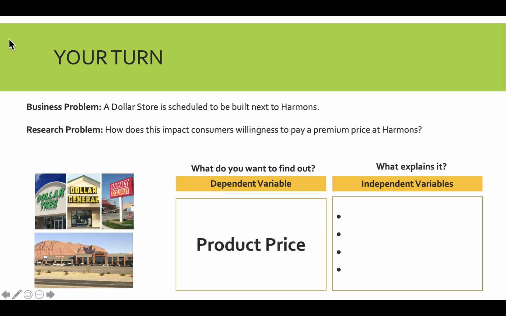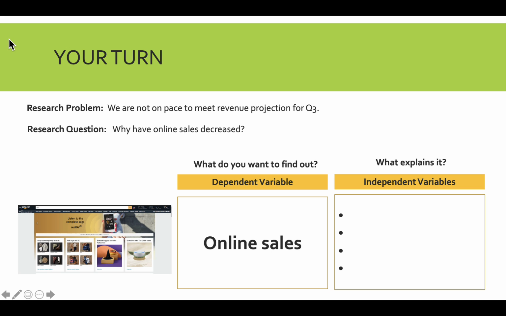The independent variables are, okay, maybe the quality of the merchandise, the selection, maybe it's the stigma of going to the dollar store versus the high-end store. So these are all potential independent variables that could explain the dependent variable.